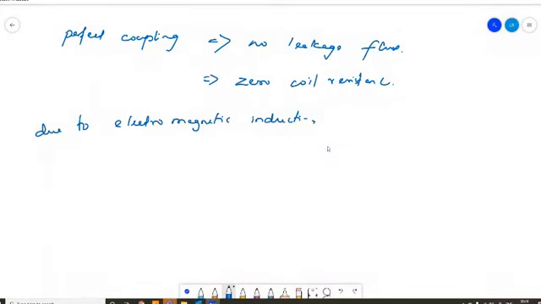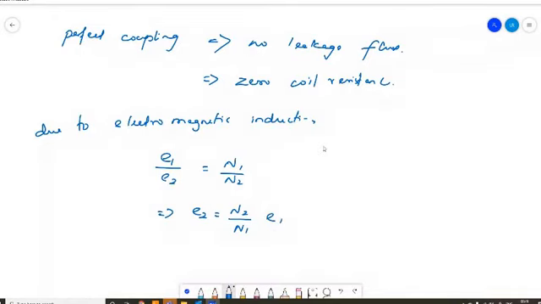As a result, a current flows. The EMF induced in the primary and the secondary coil, E1 by E2, will be nothing but N1 by N2. Or I can write E2 is equal to N2 by N1 into E1.